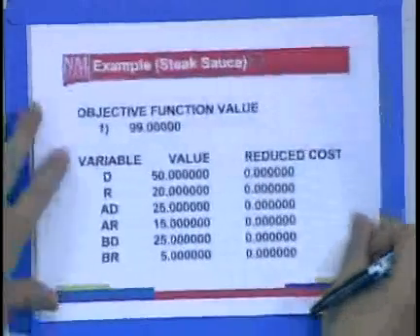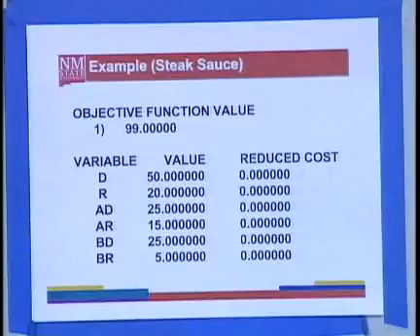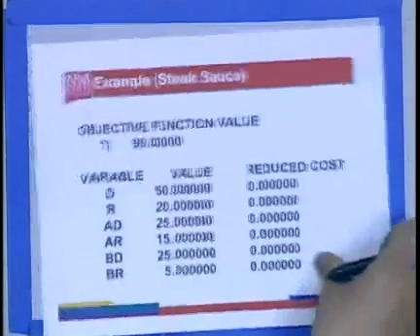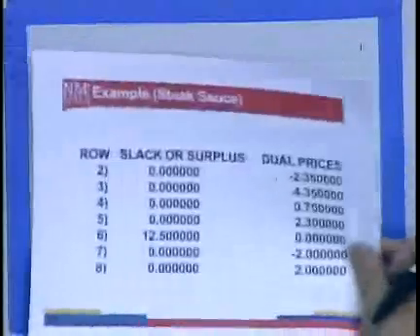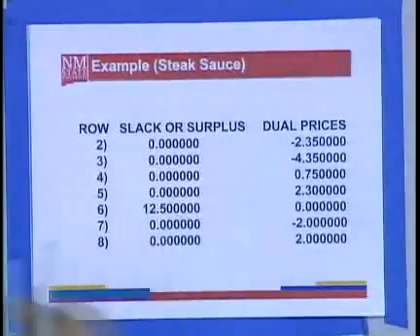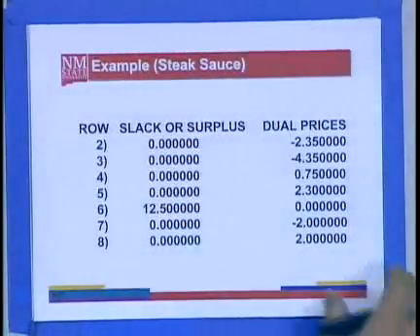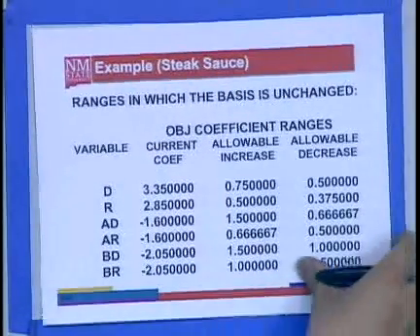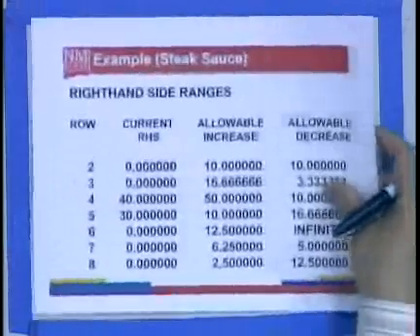And if you use Lindo to solve this problem, you may obtain the optimal solution with an optimal objective function value of 99. And some additional information, which includes slack or surplus values and dual prices, and objective coefficient ranges, right-hand side ranges, and the final optimal tableau.